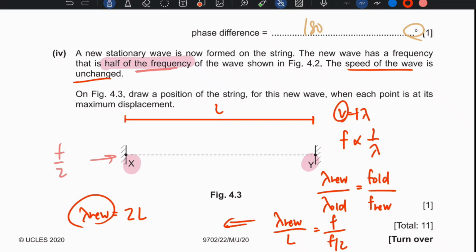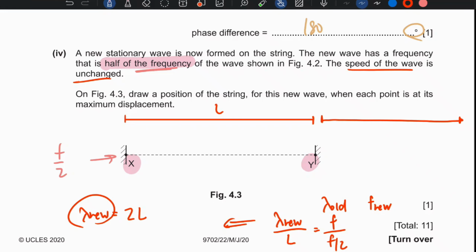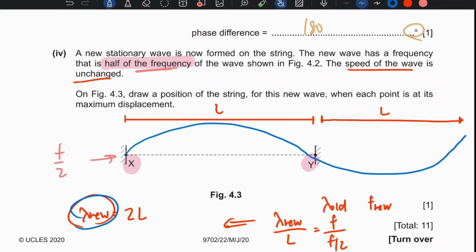So that means, if I were to draw, there must be another similar X and Y here with the length L, and this will be your new wavelength, because they say the new wavelength is 2L. Now since they only give you L, which is half of it, you only draw half the wavelength.